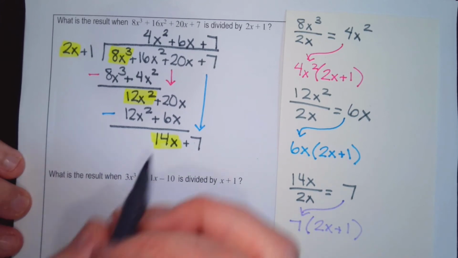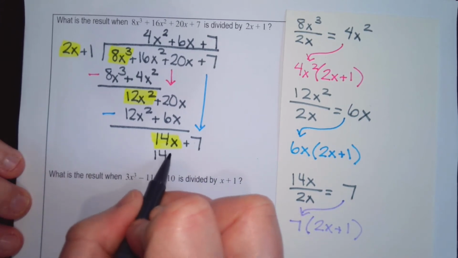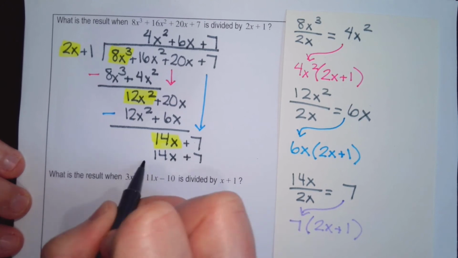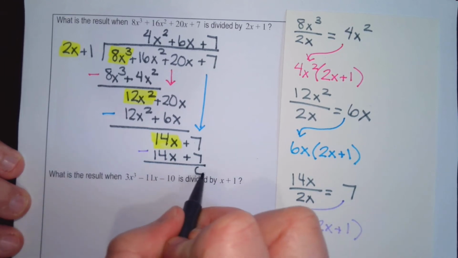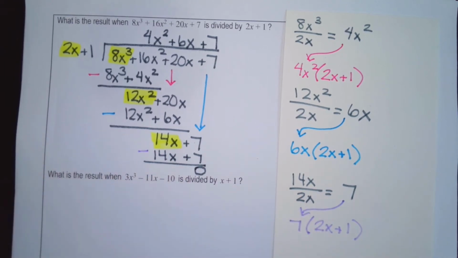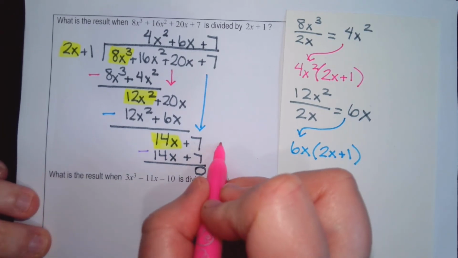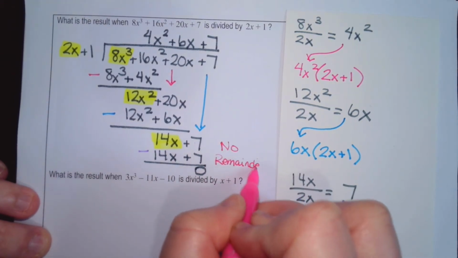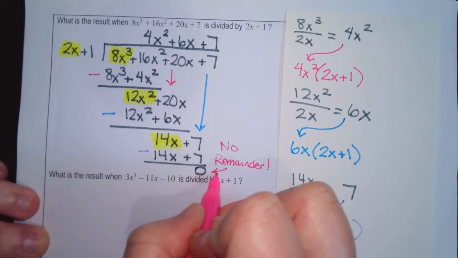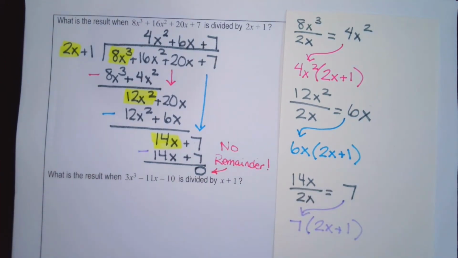So 7 times 2x plus 1 is going to be 14x plus 7. We subtract, and look at that, we get 0. Now, what's really nice about when you get a 0 at the end is it just means that there is no remainder, so there is no fraction that we have to put together.